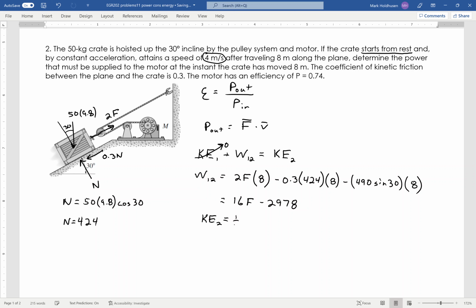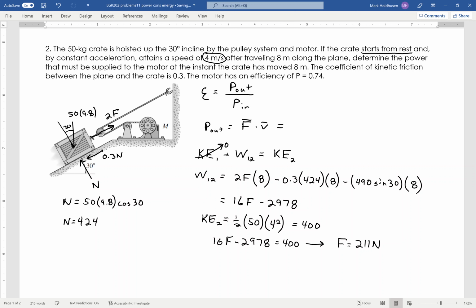It's going to be 1/2 times the mass, which is 50, times velocity, which is 4 squared, and that equals 400. So now I can very simply say 16 times F minus 2978 equals 400. And from that, I can find the force in that cable equals 211 newtons.